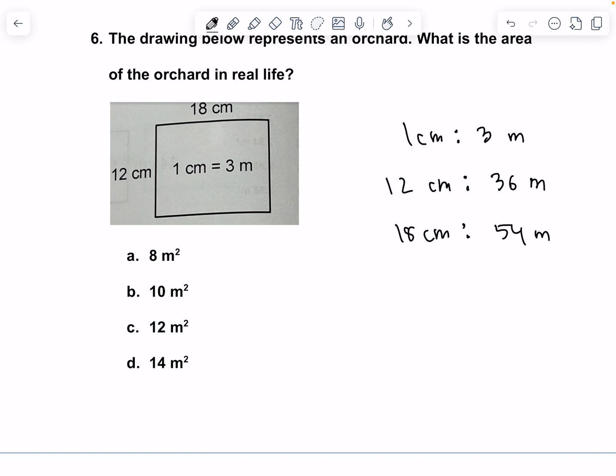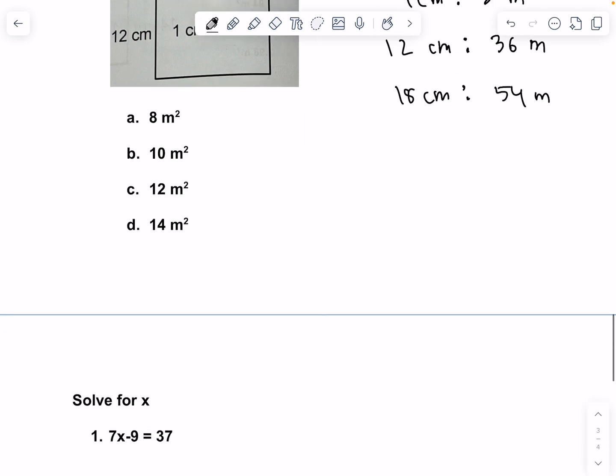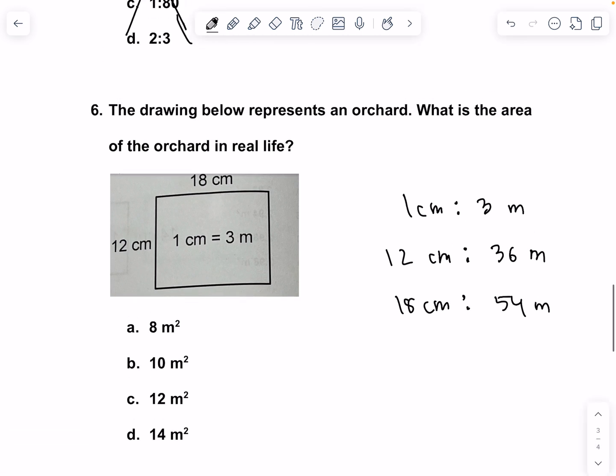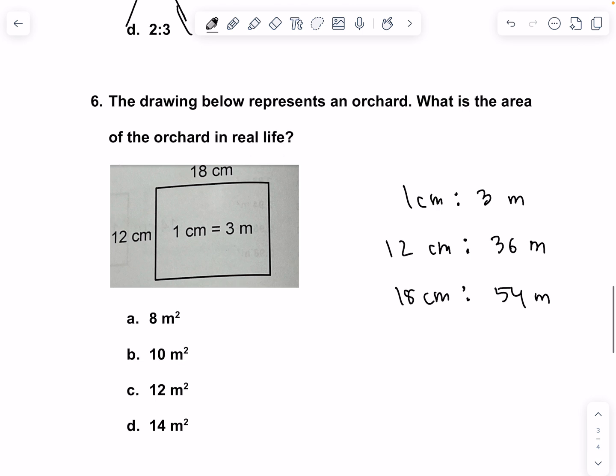And then, wait. Okay, the area of the orchid in real life. I don't think any of these would be correct since 36 times 54 is not any of these answers.